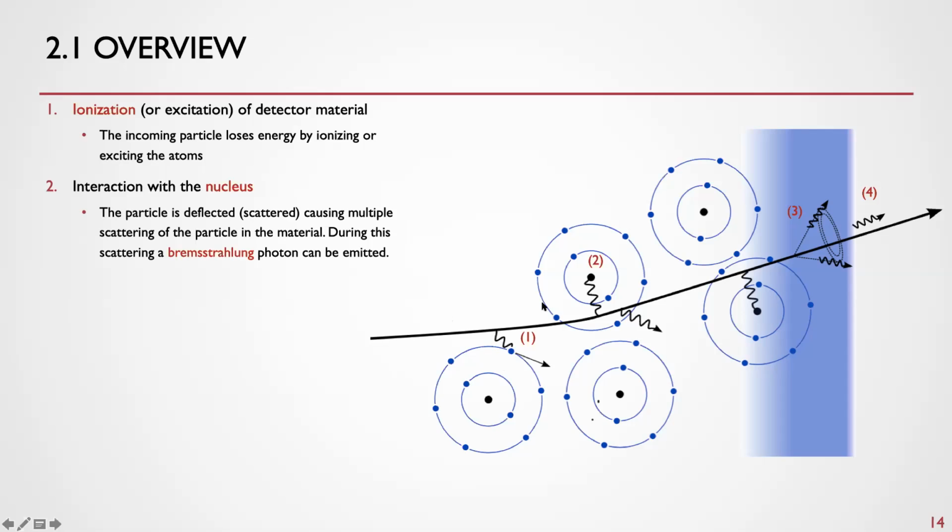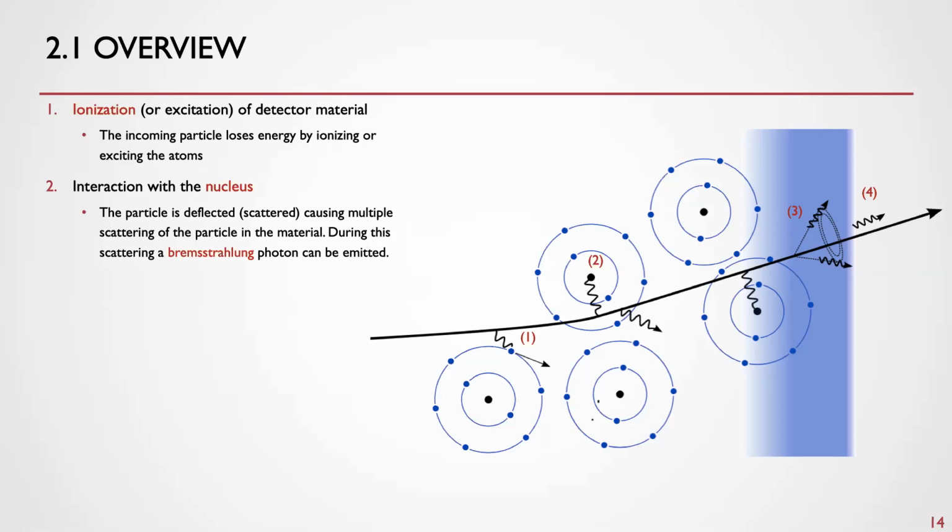Then it can interact in a similar way with the nucleus. If the particle is deflected in its interaction with the nucleus, it is accelerated, so it may also emit photons. This process is called Bremsstrahlung, which is a German word, because 100 years ago, the language of physics was actually more German than English.